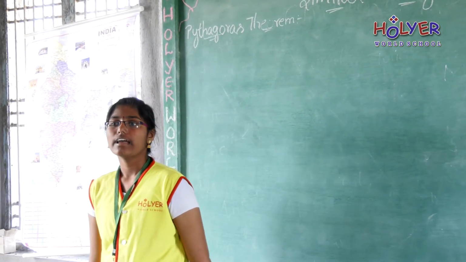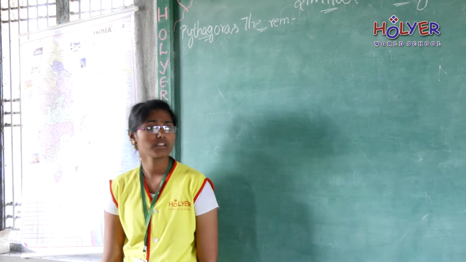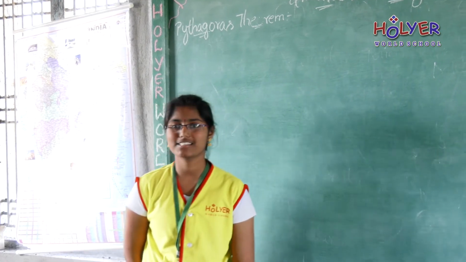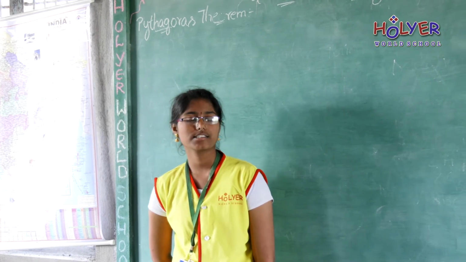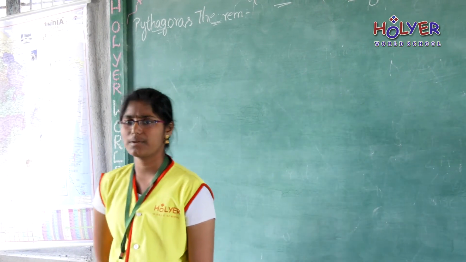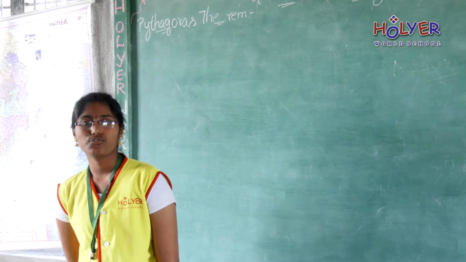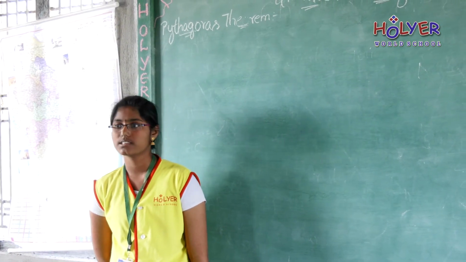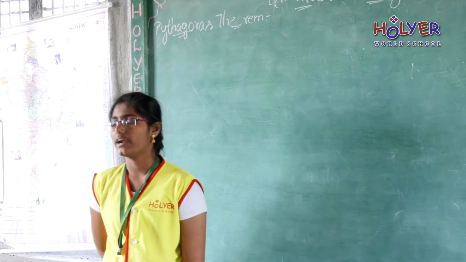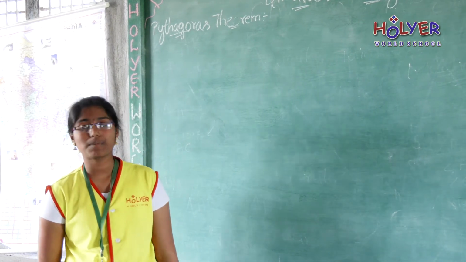He was a Greek philosopher. And what are the uses of the Pythagoras theorem? It is used in architecture and construction. It is also used to find the shortest distance between two places. Painters also use it to paint the walls. So we need to learn this Pythagoras theorem.